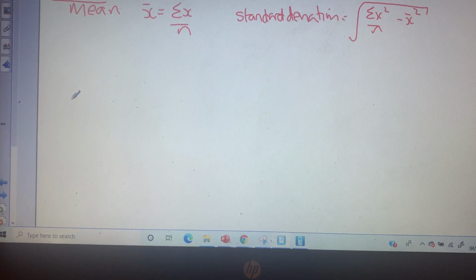If we bring in frequencies, all you get is like an added f.